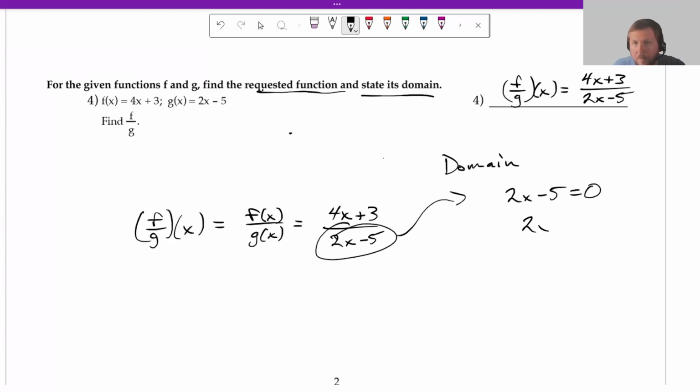So then we can add 5 to both sides, divide both sides by 2, and we get 5 halves. So then my domain is x is any number such that x is not equal to 5 halves.